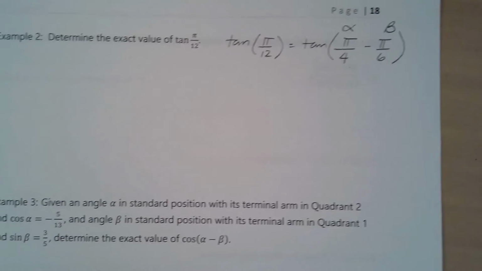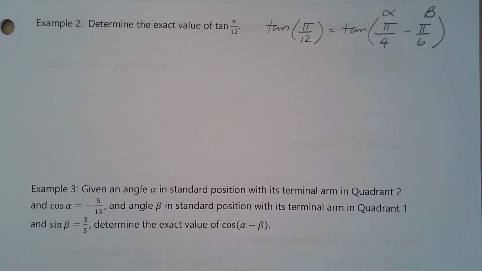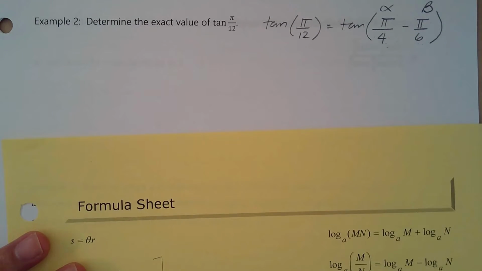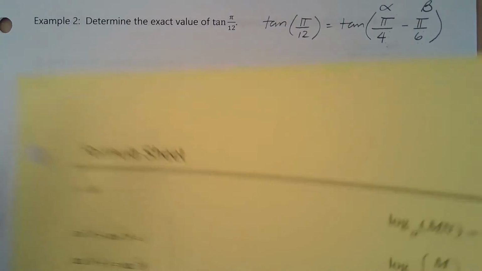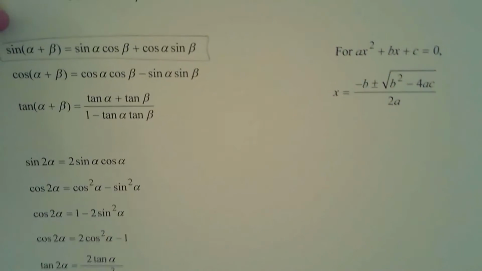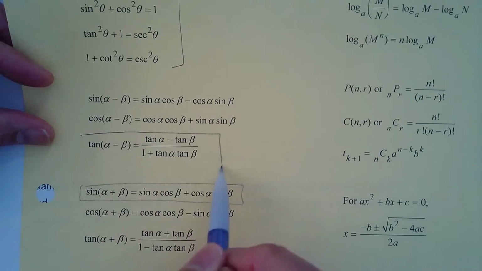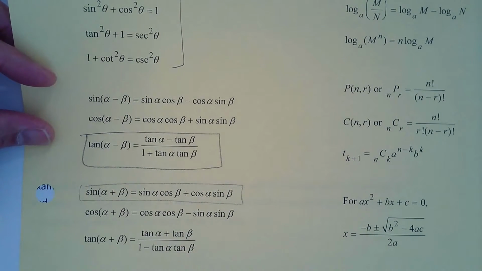Okay, now let's locate the identity for that. So it's a difference of the angles, so it's going to be this one right there, right?